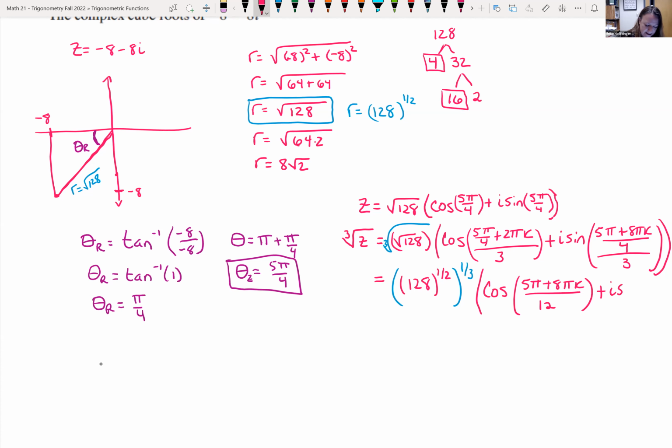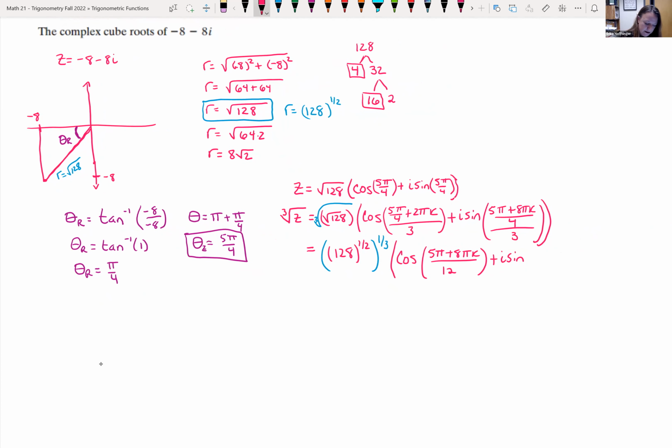plus I sine of 5 pi plus 8 pi k all over 12. I'm trying to find the cubed root. So I know, again, my n value was 3.